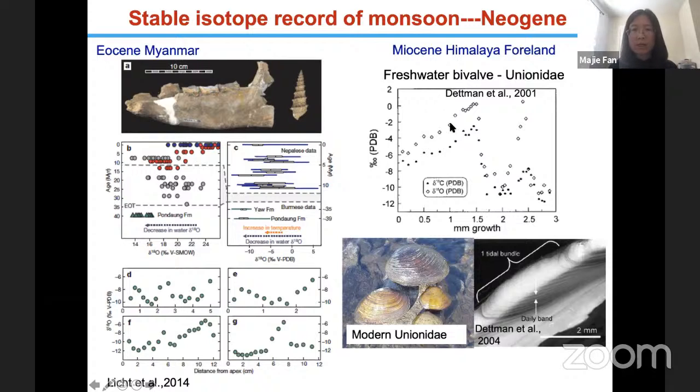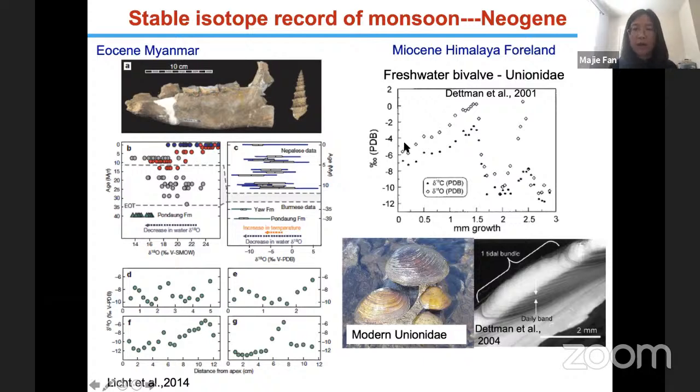Another similar study has been conducted in the sedimentary group in the Himalaya foreland, again looking at the freshwater bivalve, which is basically my favorite type of target to study the cyclicity of isotope value variations.